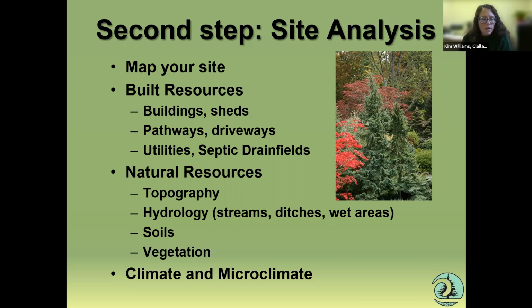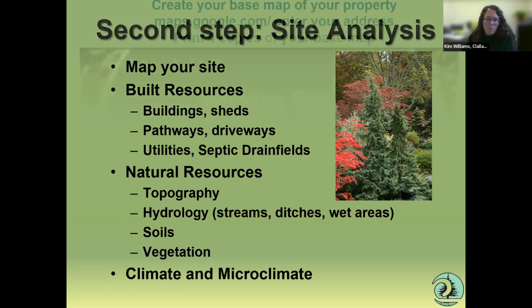What is the topography of your land? Do you have natural wet areas and dry areas? And we're going to have you look at your soils. What types of soil do you have on your property? Your type of soil really dictates the kind of plants that go in and thrive. And what native vegetation is there? Taking a look at your climate and your microclimate.